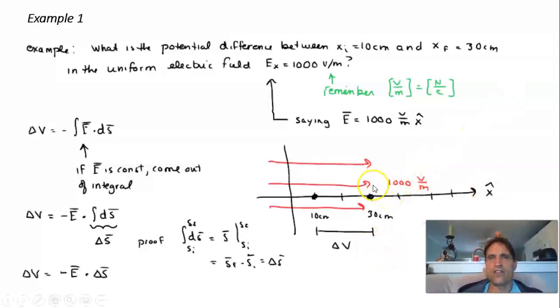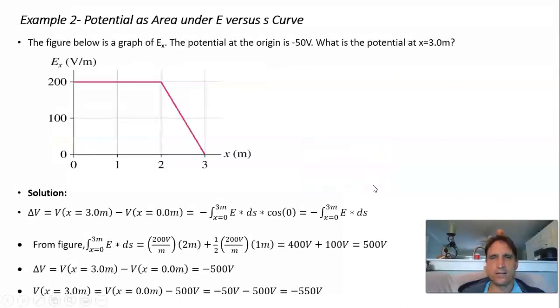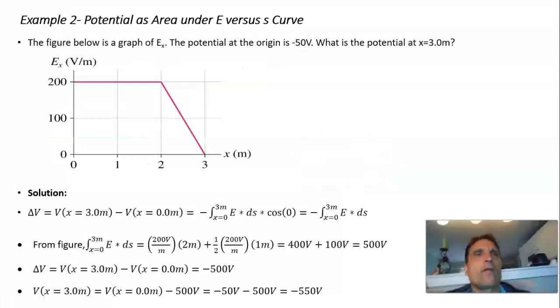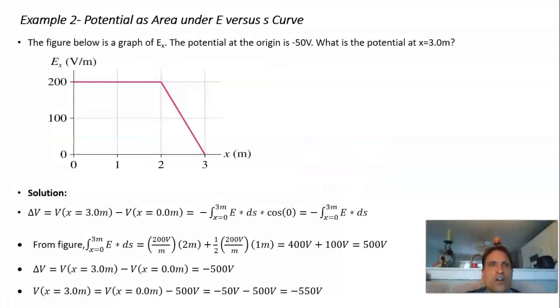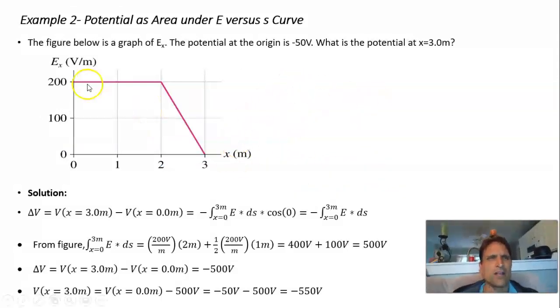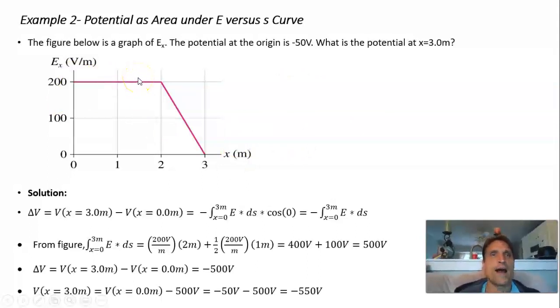So it's less at 30 than it is at 10. Okay. So let's do yet another example. Sometimes you're given the area under the curve of E versus ds, and so here we're not given a mathematical equation for E, but we're given a graph of how the electric field in the x direction varies with x.